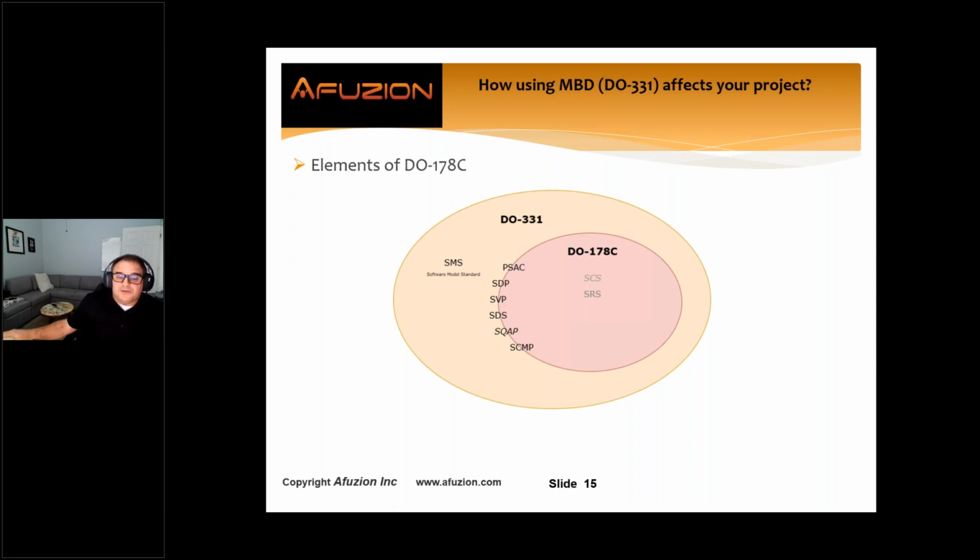In each of these elements within DO-178, you'll need to be sure that you include and cover all of the objectives and requirements for DO-331. The software model standard will live on its own as a separate document that is specific to DO-331.